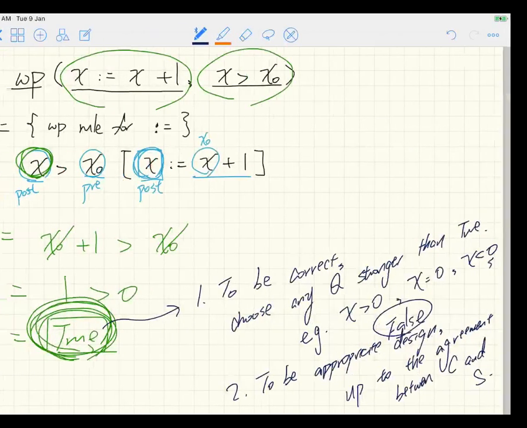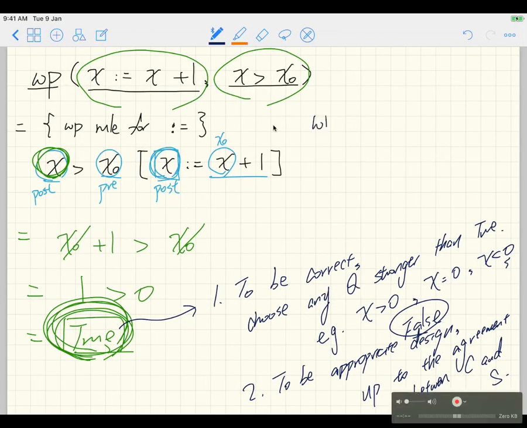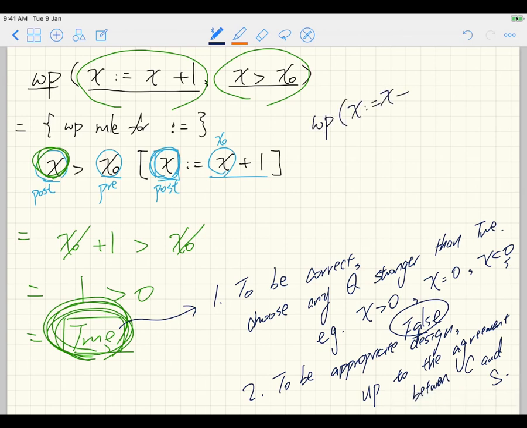Okay, in this case, we have got WP for x assigned x plus 1 with postcondition x equals 23. The calculation we get is x is equal to 22, right? So now you can think about it's also like a set. It's only a singleton set, which means only 22 can be there.